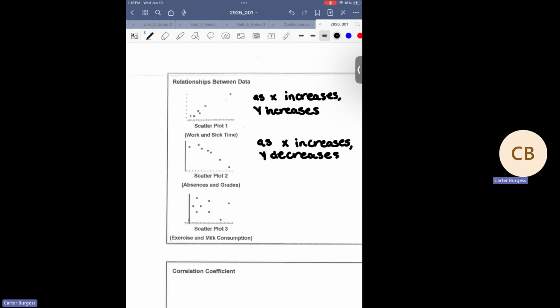Or if I gave you the first set of data and asked, well, what's going to happen for a particularly large value of X? Well, it might be a good guess that it's going to be a little bit large. For our third example here, if I asked you for a particularly large value of X, does it make a lot of sense for us to guess whether we're going to get a large or a small value of Y?